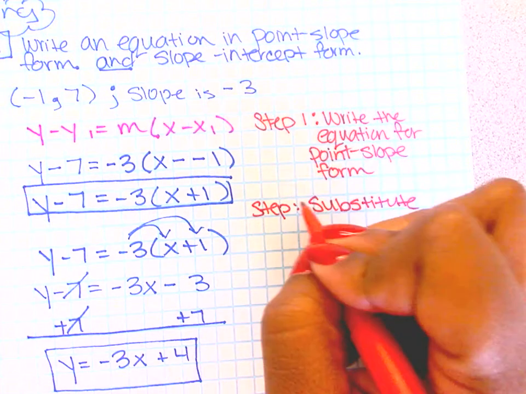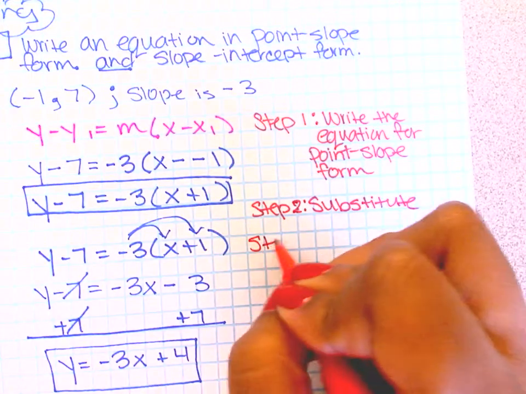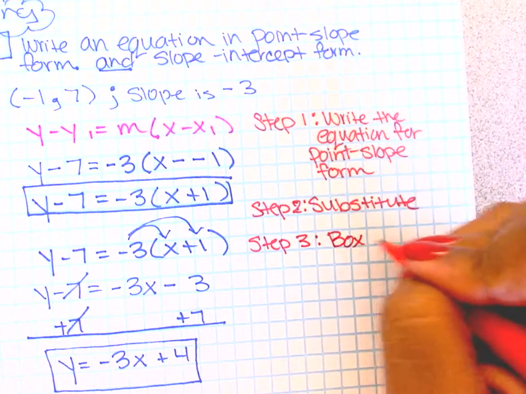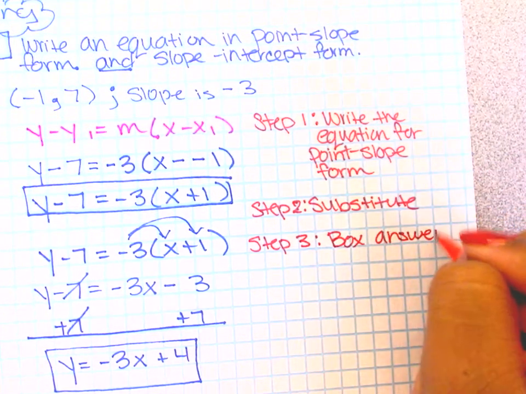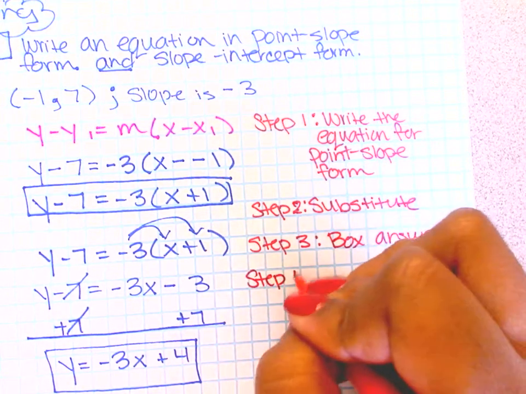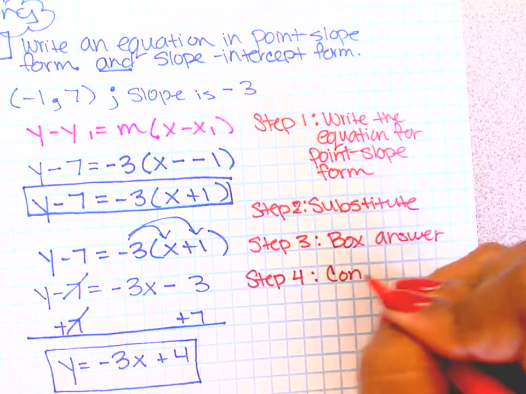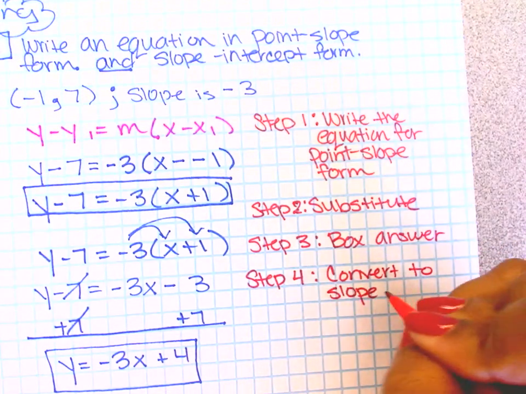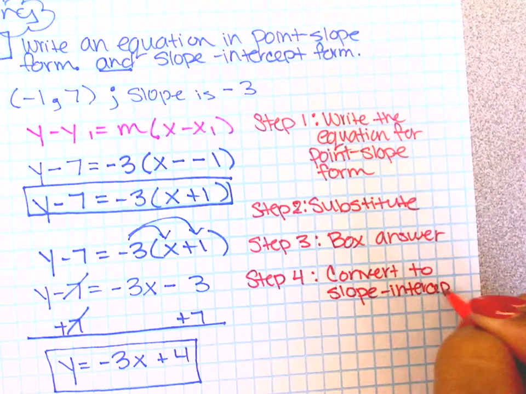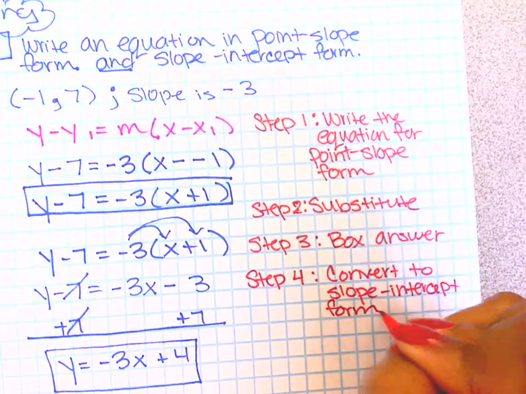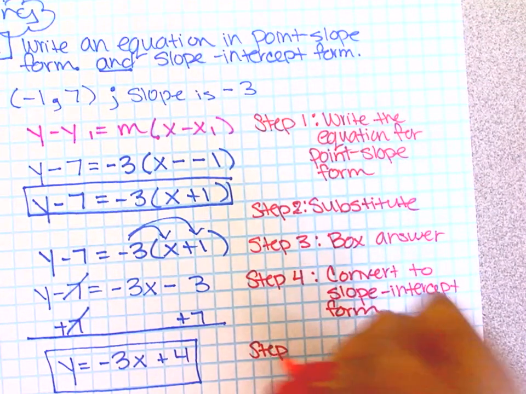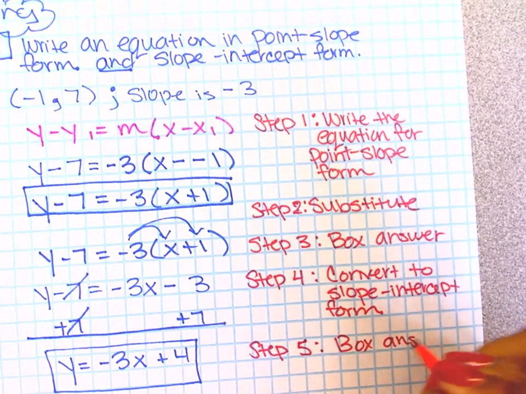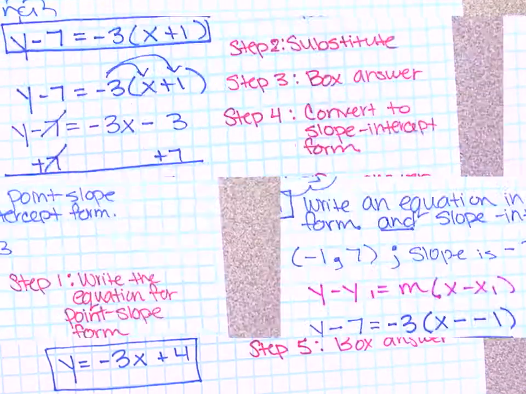That's step 2. Step 3, we boxed our answer. Step 4, we converted to slope-intercept form. And step 5, we boxed that answer. Because you need to have 2 answers.